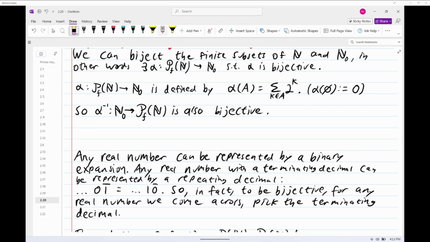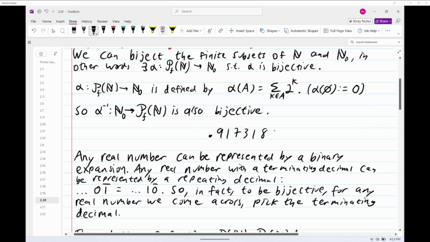Any real number can be represented by a binary expansion. You know how we have decimal expansions for real numbers, like 0.917318445... This is some real number.